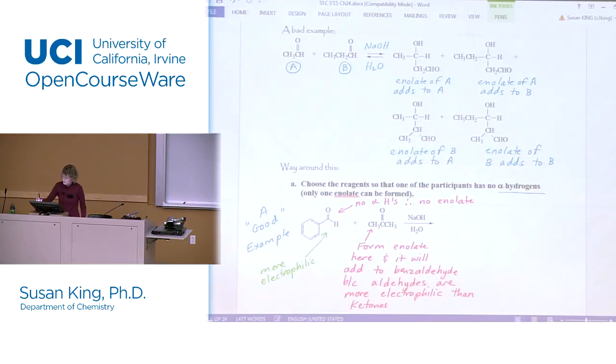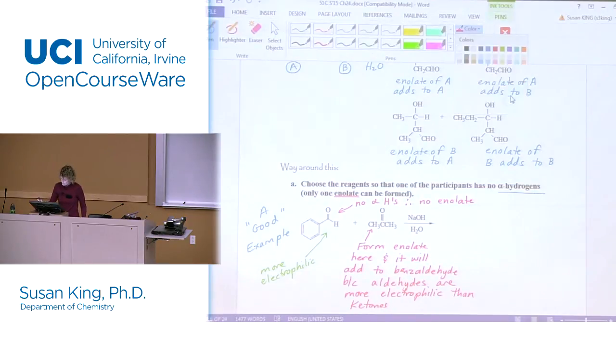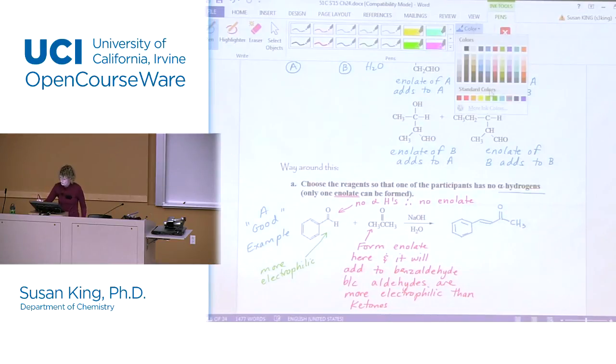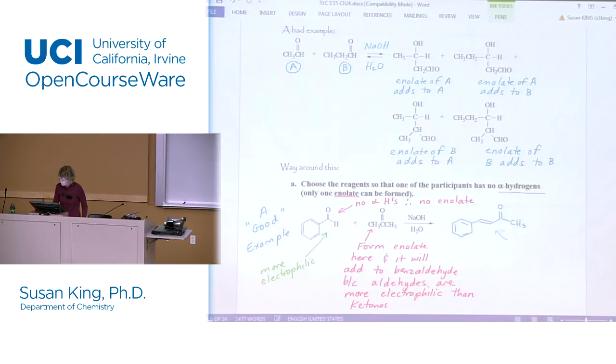All right, and so what's the product you get? And in this case, you cannot isolate the beta hydroxycarbonyl because the product is so stable, it goes directly to this at room temperature. Don't have to heat. So formed at room temperature.